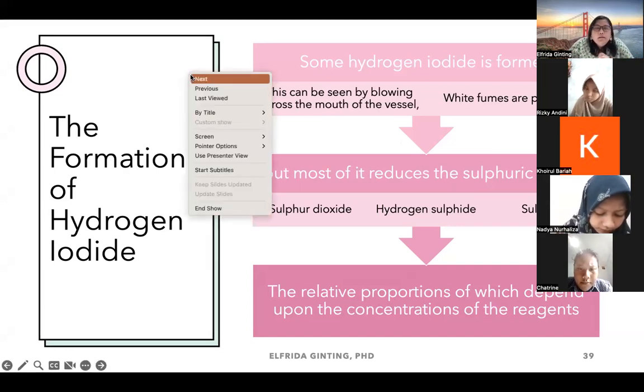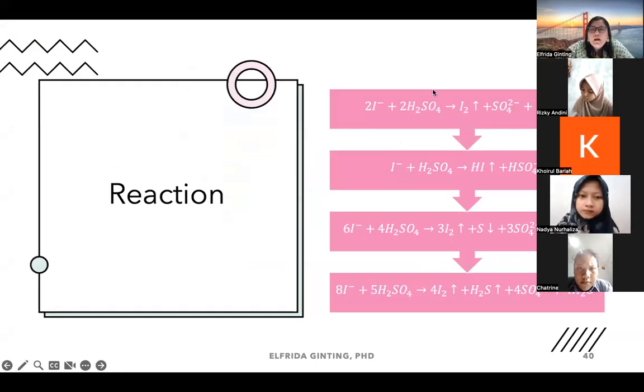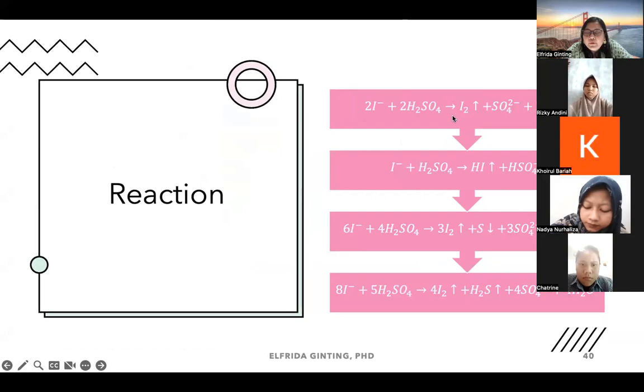Okay. Now, these are the reactions. You can see iodide, we mix it with sulfuric acid, and iodine can be formed. This is like a concentrated sulfuric acid. Now, if we use a less concentrated sulfuric acid, mix it with iodide, then hydrogen iodide will be formed.